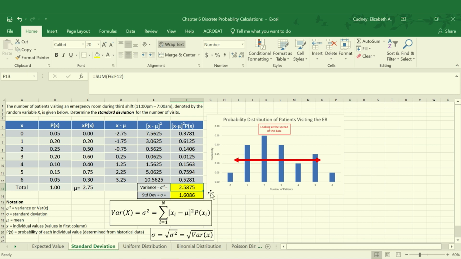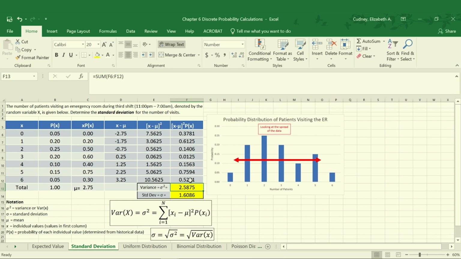So while variance is a step in the process of getting to our standard deviation, variance does not necessarily mean much to most people because it's in our units squared based on how we calculated our variance. So in this case, we've got our number of patients and our mean in terms of number of patients.